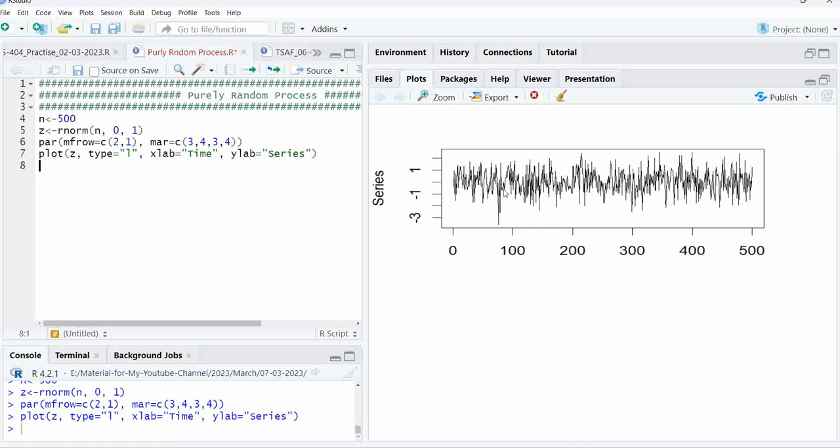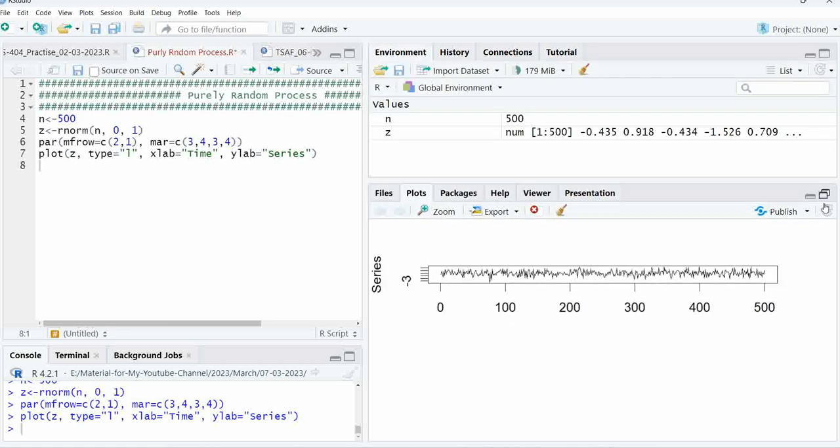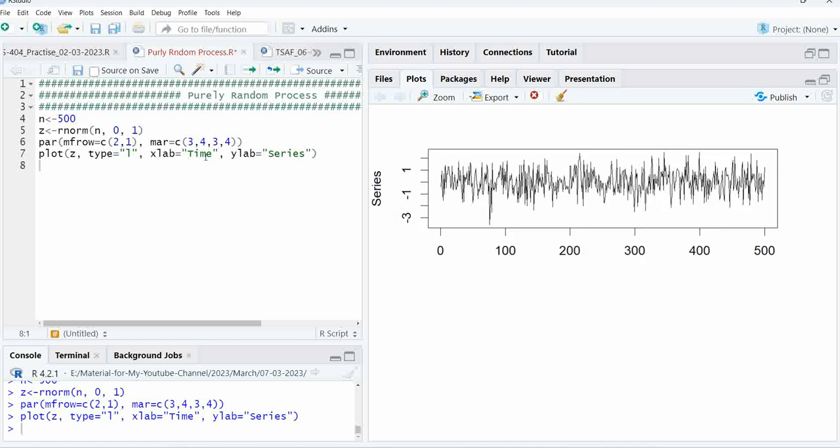Okay, you can see this graph. Okay, let's make it bigger. So this means that I'm just plotting z, which is the variable which has 500 values with 0 mean and 1 variance from normal distribution. Type is l, meaning that the graph is a line.